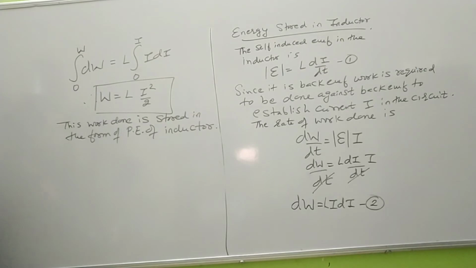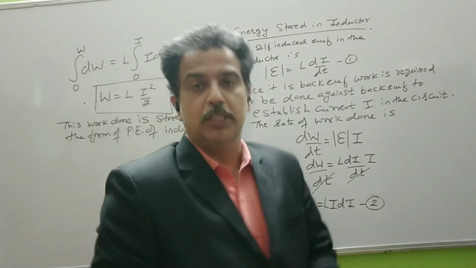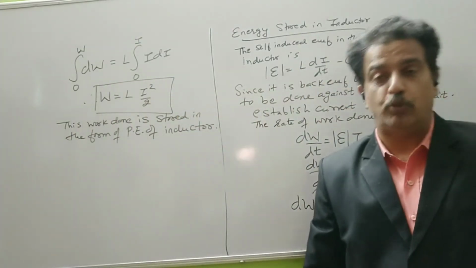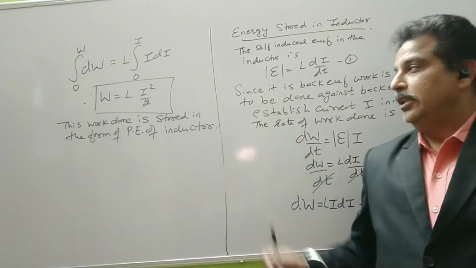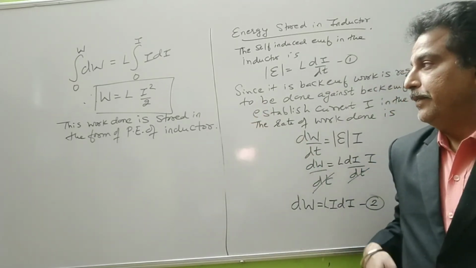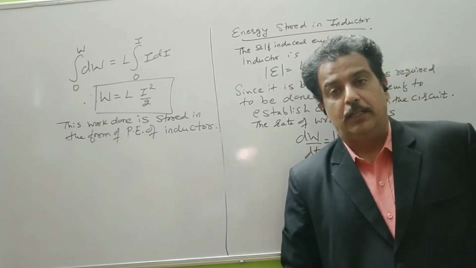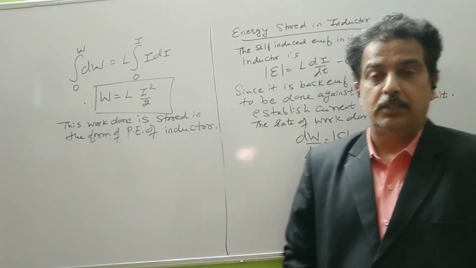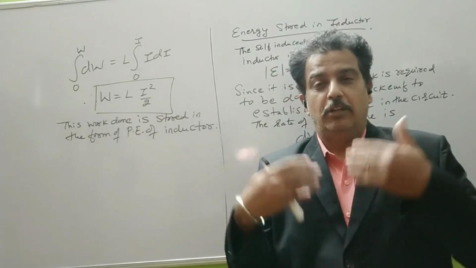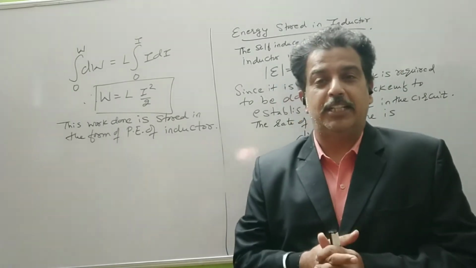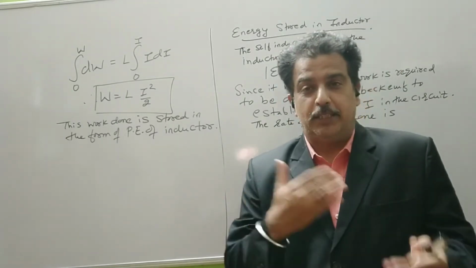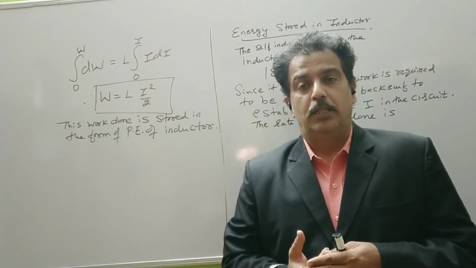In a capacitor, if you remember, the energy stored was half CV square. Here the work done is L I square by 2, that is half L I square. Similarly in mechanics, when an external force is applied, the work is done on the body and the body comes into motion.